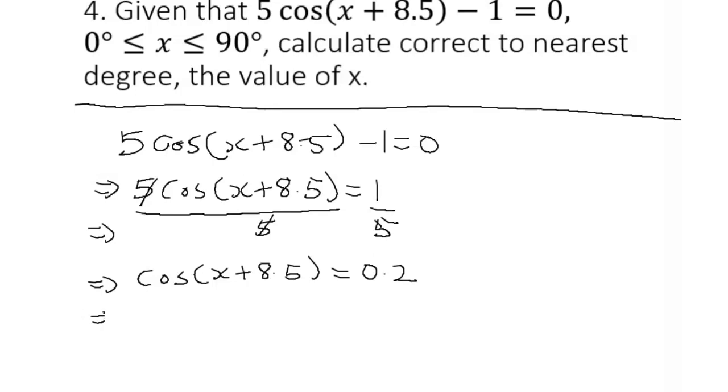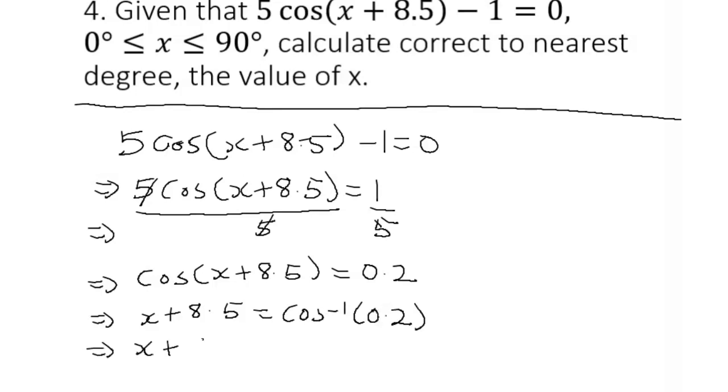We then take the cos inverse of the right hand side. So the angle x plus 8.5 will be equal to cos inverse of 0.2.